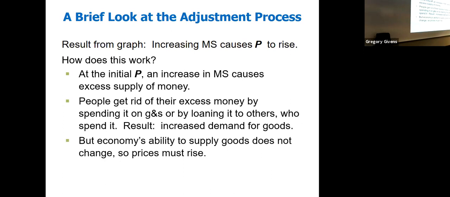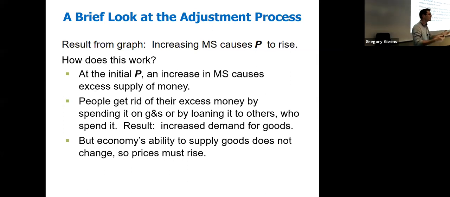One of the key pieces of that model was the production function, which shows that in the long run, the economy's supply of real goods and services was a function of just a couple of things. Factors of production, things like capital and labor, as well as the state of technology. Our economy's ability to supply goods and services in the long run doesn't really depend on what the money supply is. So think about this.